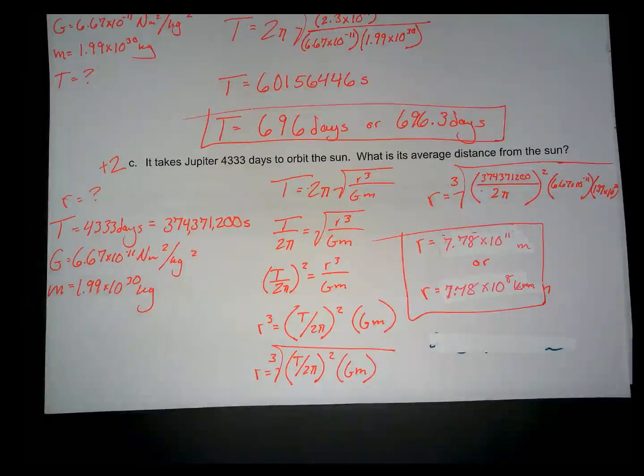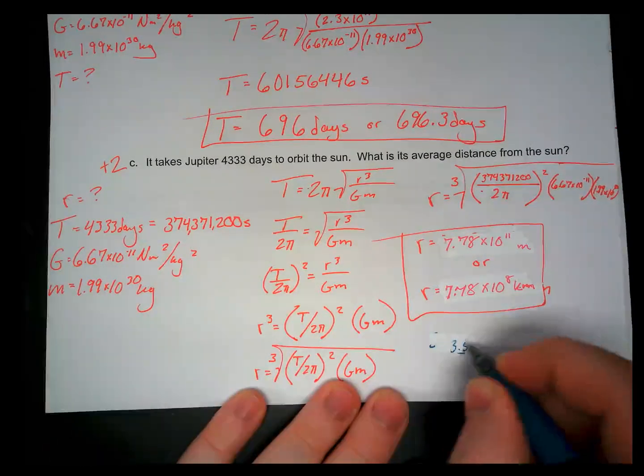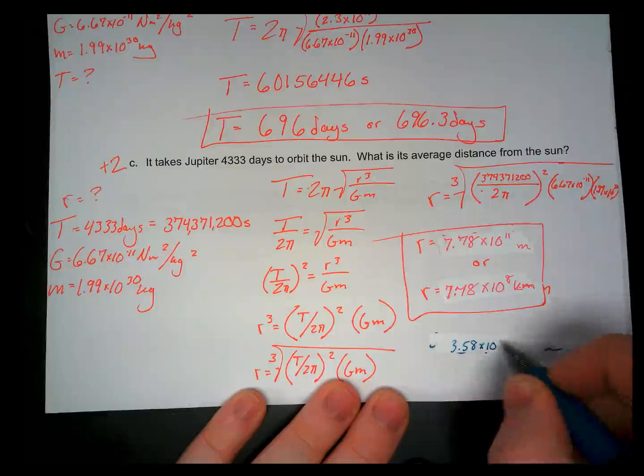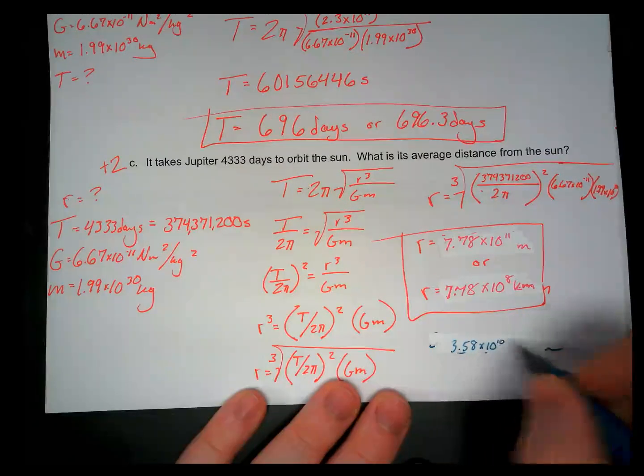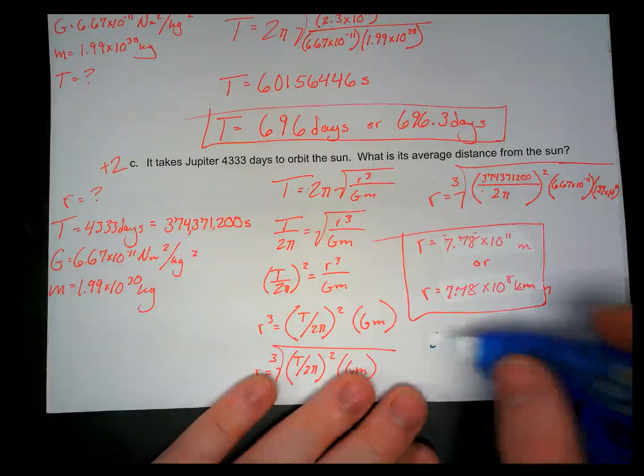On A-Day, we figured it was going to be something like 3.58 times 10 to the, I believe, 10th power meters, or it may have been the 11th power, whatever it was. We refigured that and we changed the answer to the 3.58.